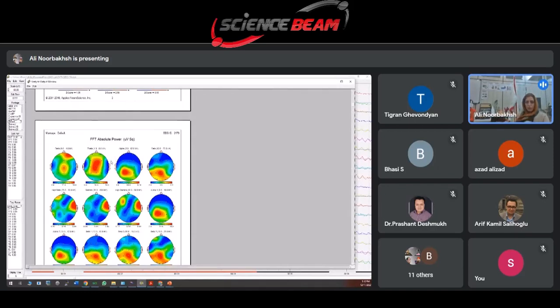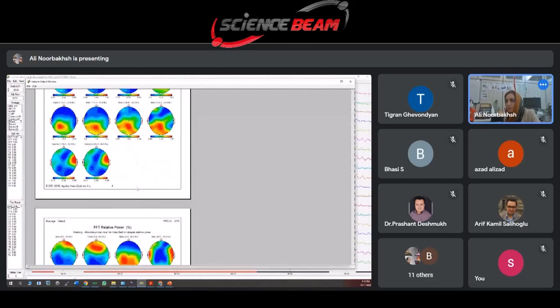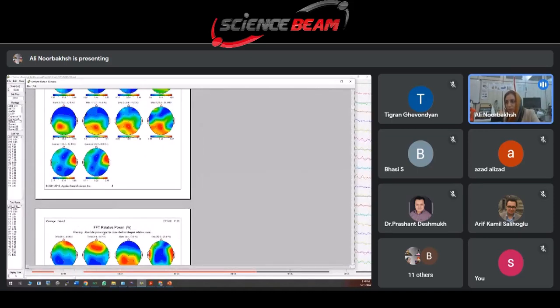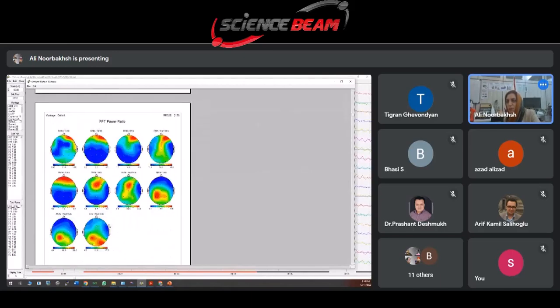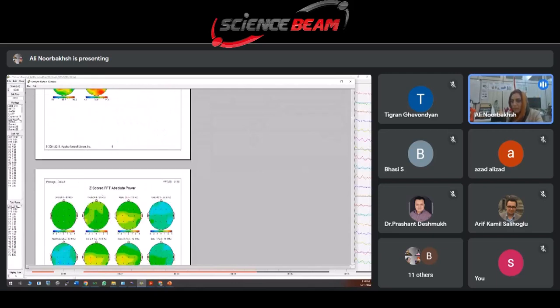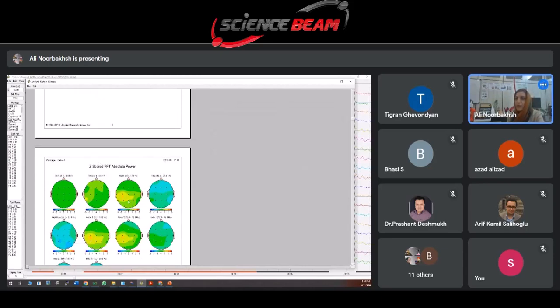It's just for the client. Again, this page is just for the client. It doesn't have any Z-score, but Z-score is important, because it is compared with the normal database.